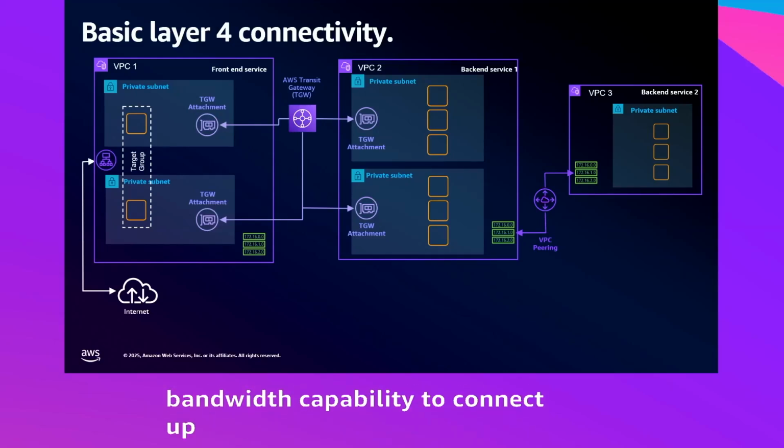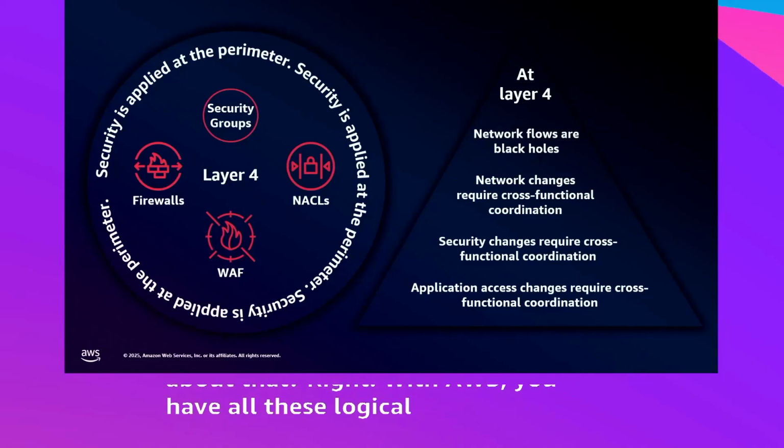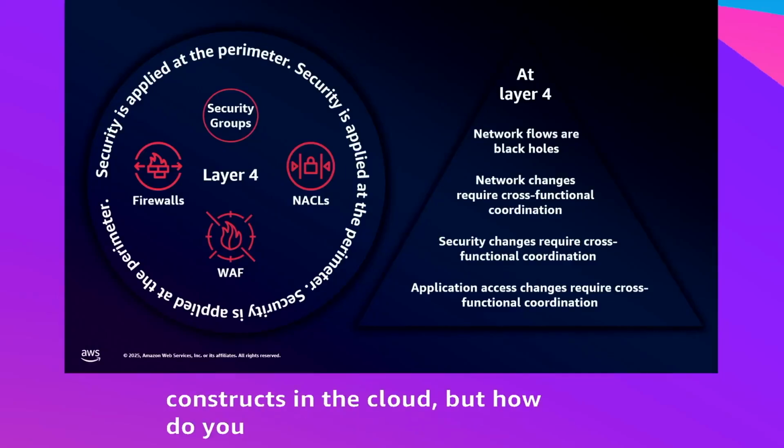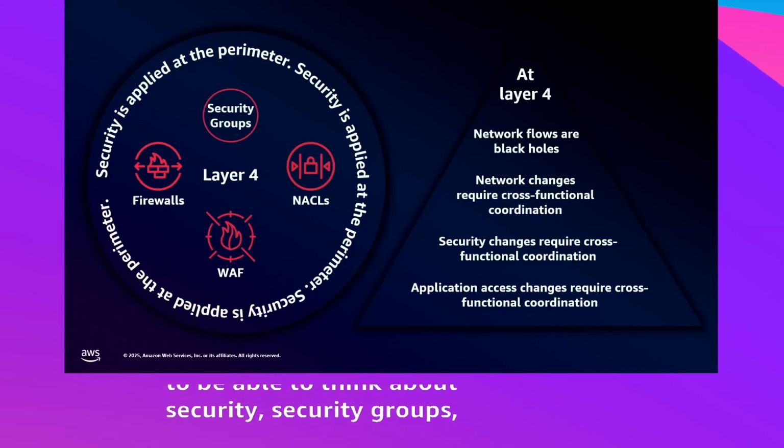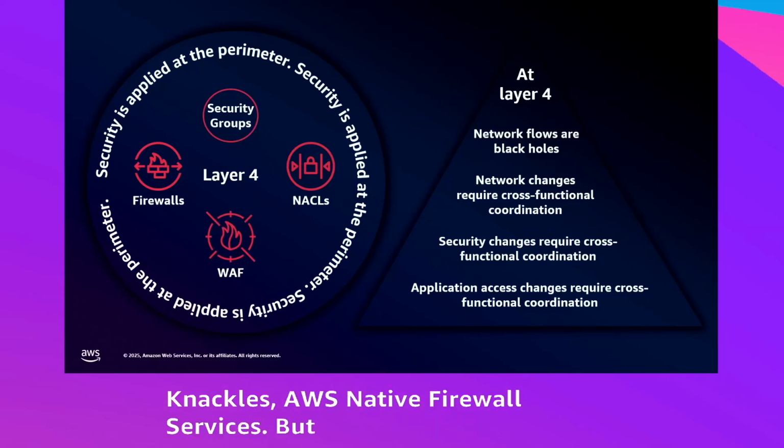But as networks evolved, we always know the question of security comes into place. And how do we think about that, right? With AWS, you have all these logical constructs in the cloud, but how do you have the flexibility to be able to think about security groups, NACLs, AWS native firewall services. But the considerations that come with that add complexity.